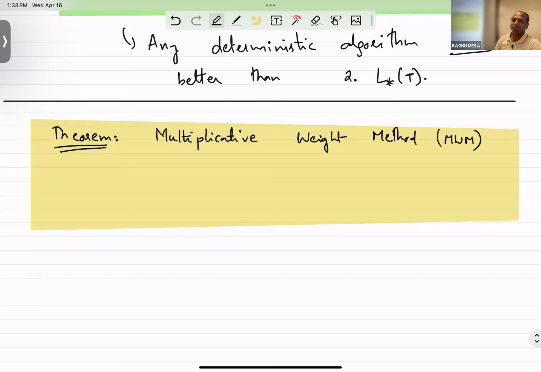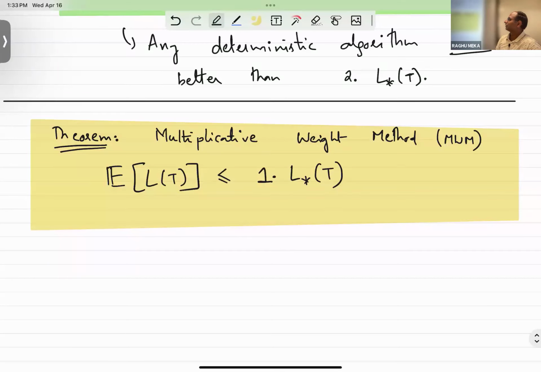And what we can show for this randomized algorithm is that the expected loss that our algorithm is going to incur is at most L star of t plus something.